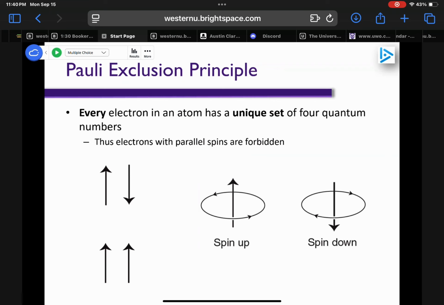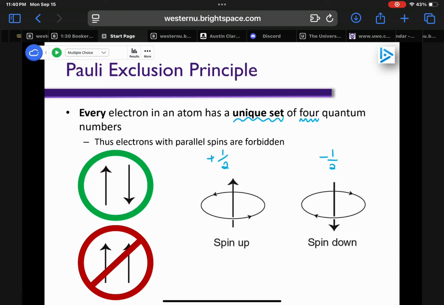Every electron needs a unique set of 4 quantum numbers. The first 3 can be the same, but the 4th could be plus half or negative half. They need to have opposite spins in the same orbital. Parallel spins, not allowed.